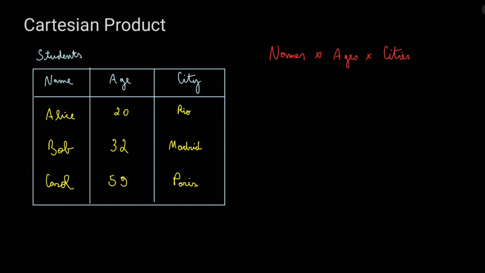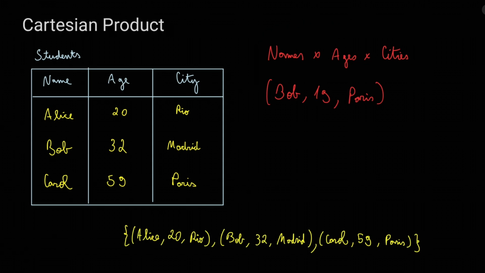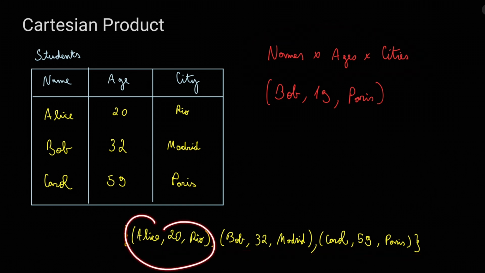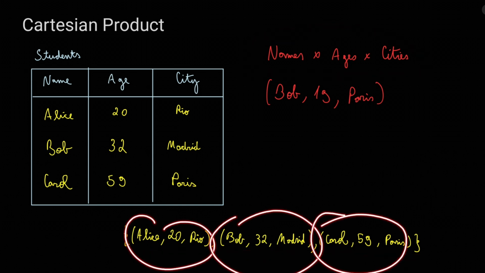Most of the combinations don't actually exist in the table. For example, the triple (Bob, 19, Paris) is possible in the product, but is not in the table. The actual table data is then a subset of this Cartesian product. In this example, this is the table data, the subset of the Cartesian product, which has these three triples.